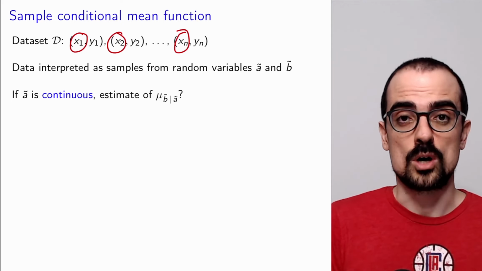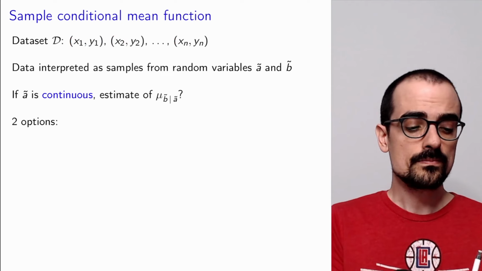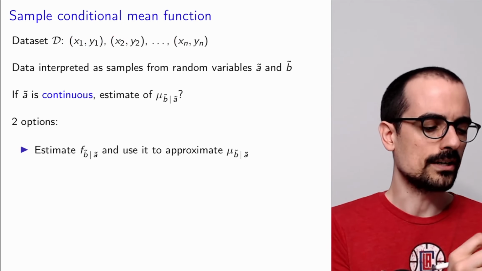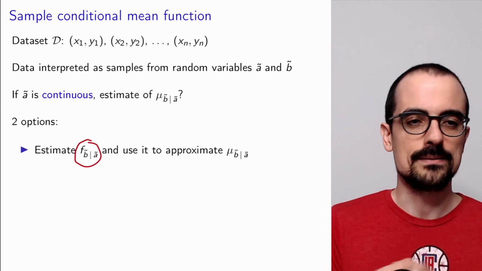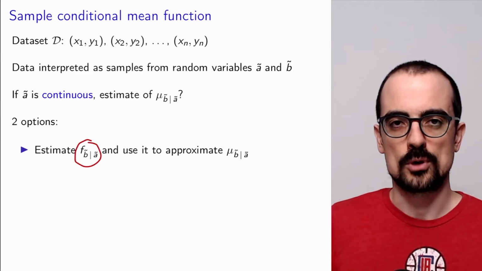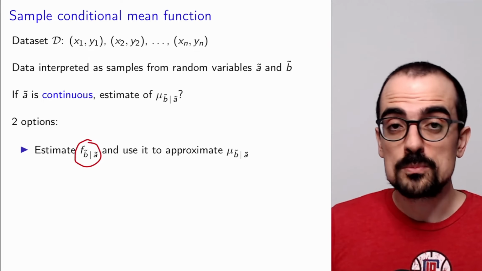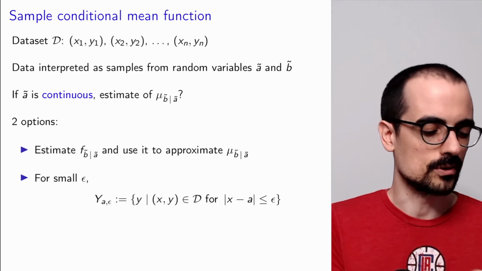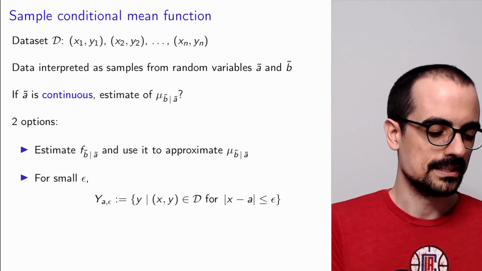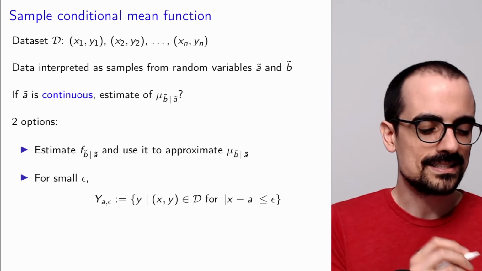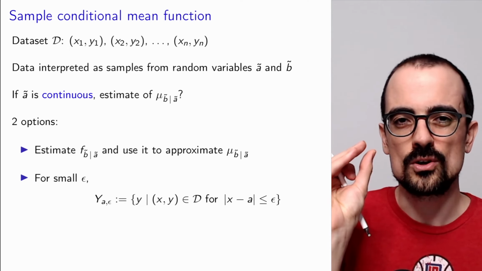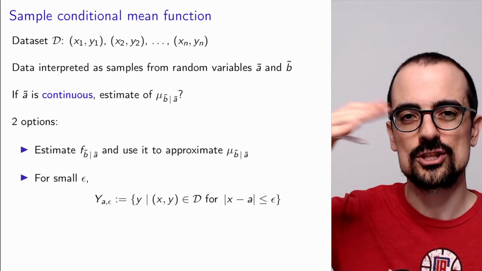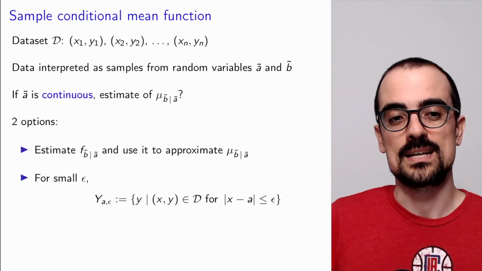Well, there are two options. The first option is that we use kernel density estimation or something like that to compute the conditional density of B given A, and then we use that to approximate the conditional mean. Another option, perhaps slightly more pragmatic so that we don't have to compute integrals after we have computed the conditional density, is to say, okay, I'm not going to condition on A being exactly equal to that. I'm going to assume that the conditional mean function is somewhat smooth.